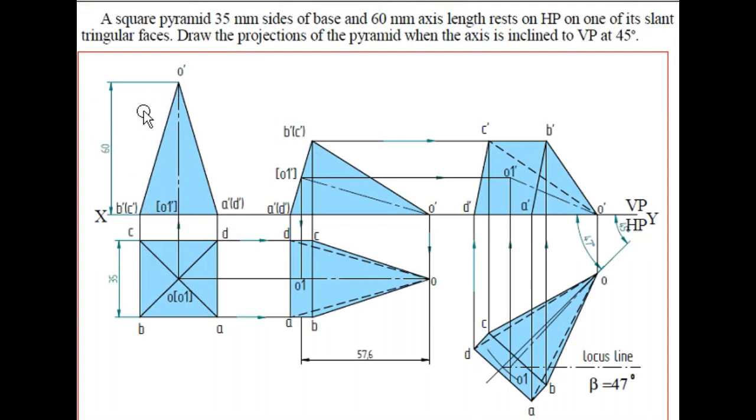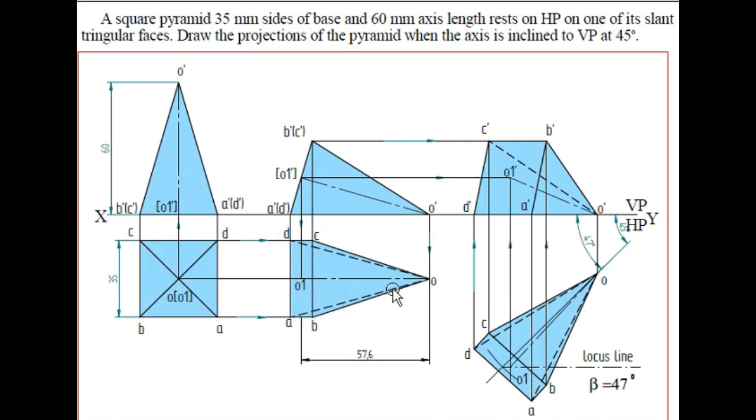But when it is tilted on the HP plane, the length of the axis will be reduced, right? So this is the apparent length and this is the true length. When the apparent length and true length come into the picture with respect to the axis length, we come across a beta angle problem.